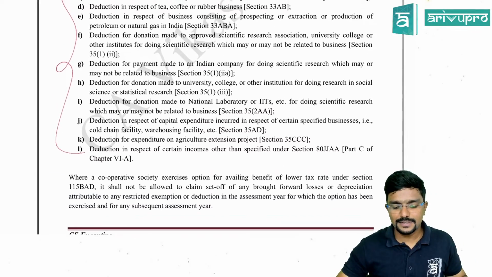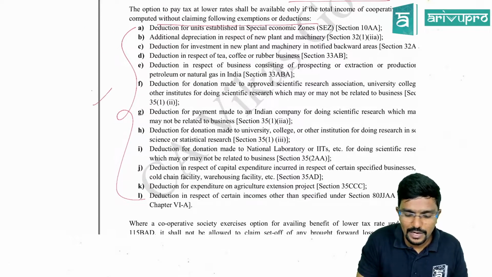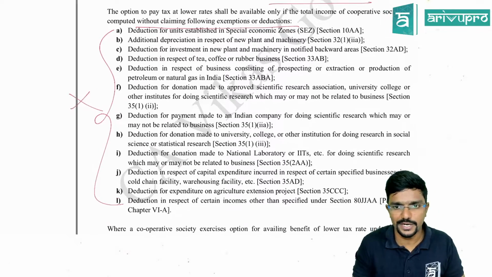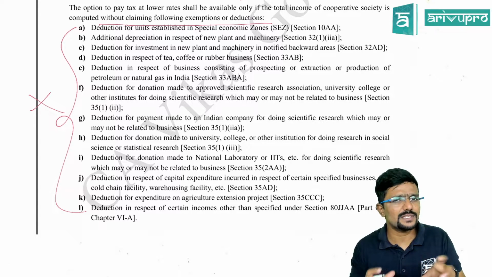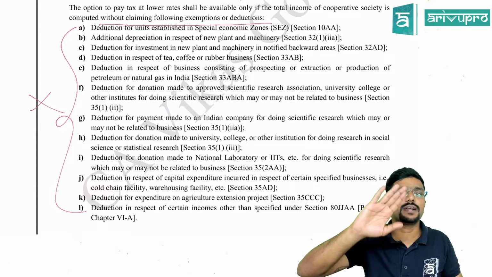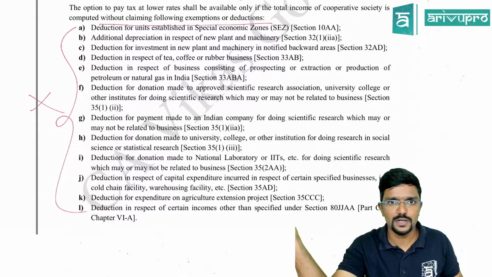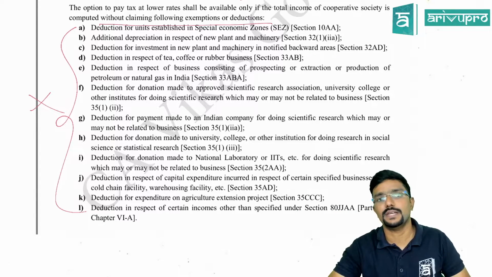If the assessee has any loss relating to the deductions which are not available for a cooperative society opting for the new scheme, he cannot carry forward that loss for the future years, and he cannot adjust that loss against any other income.